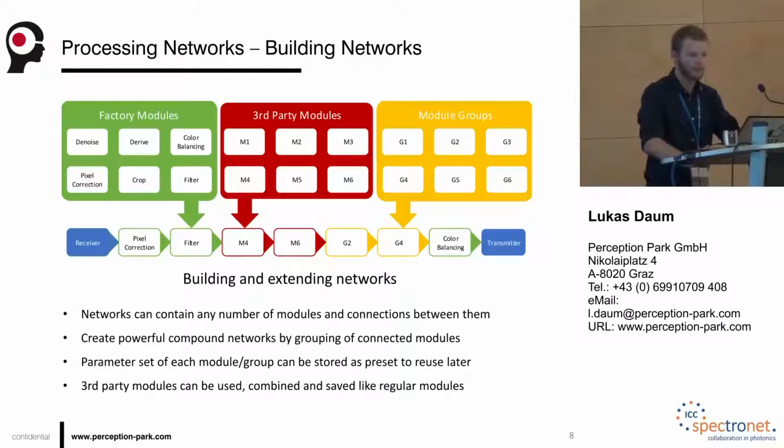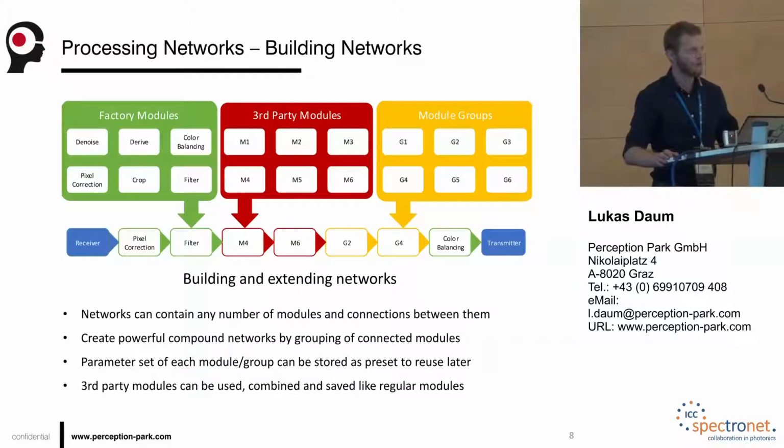Here's an example of a very simple processing network, basically just a sequence of modules. Starting with the receiver, ending with the transmitter on the right side, the blue squares here. And you can see there are 3 different pools where you can take your modules from. The first one are factory modules. That are those which we provide to our customers by default.